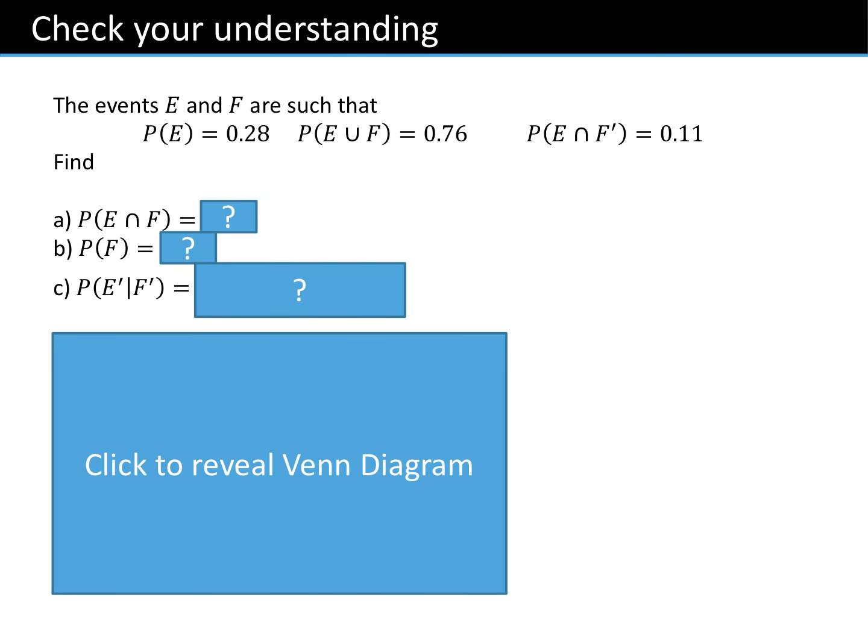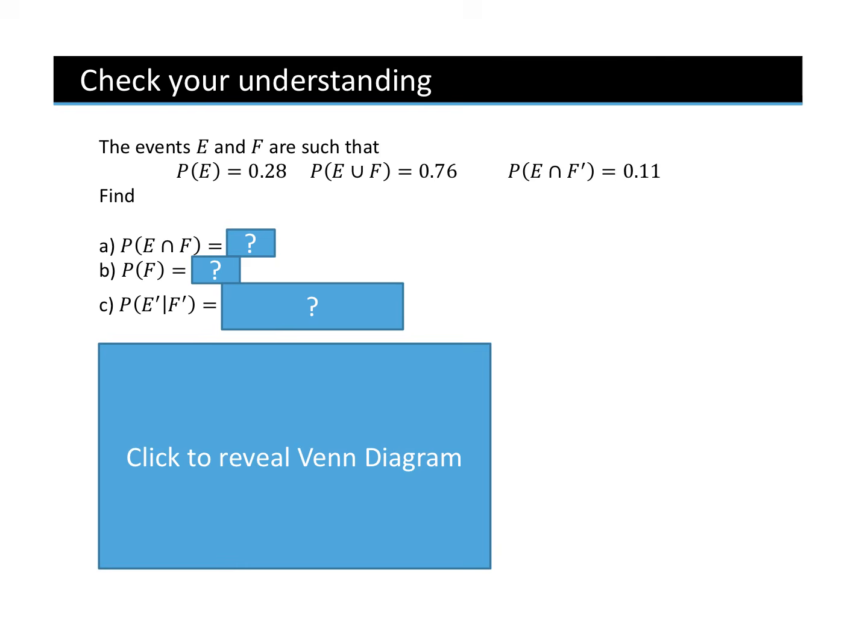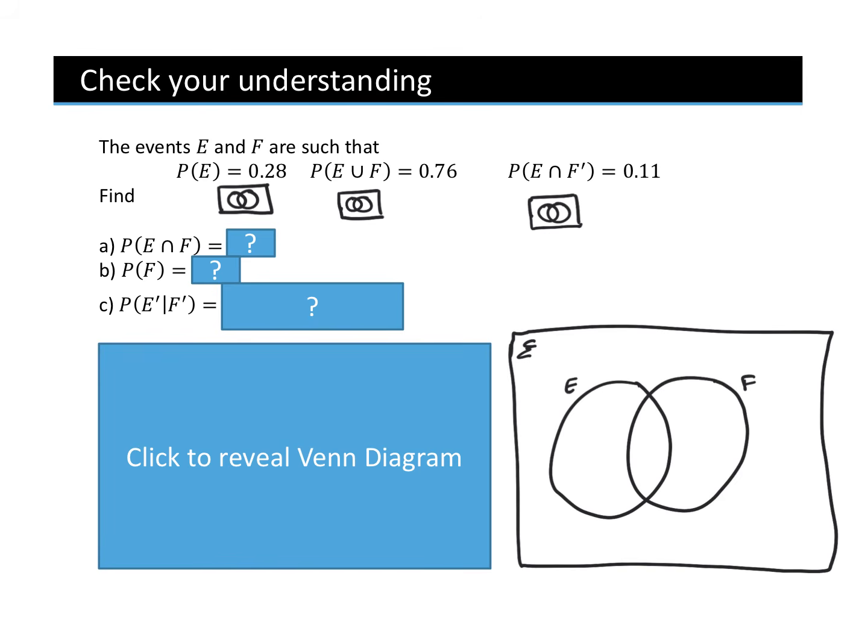Quick check your understanding. Please draw a Venn diagram, and I will go through the answers in a moment. So some tips. Let's really think about what's going on here. The probability of E is just this whole circle here. Everyone should be happy with that.